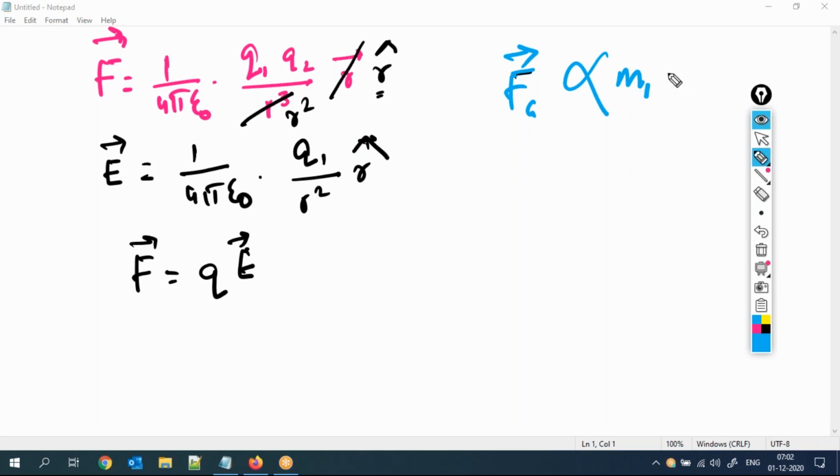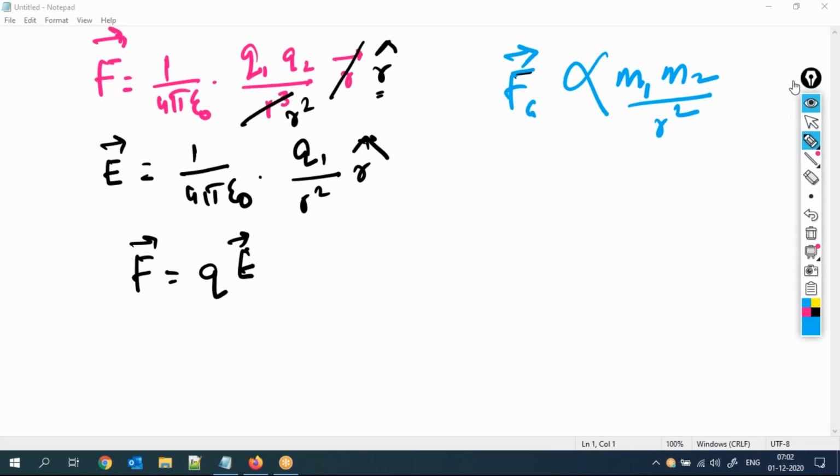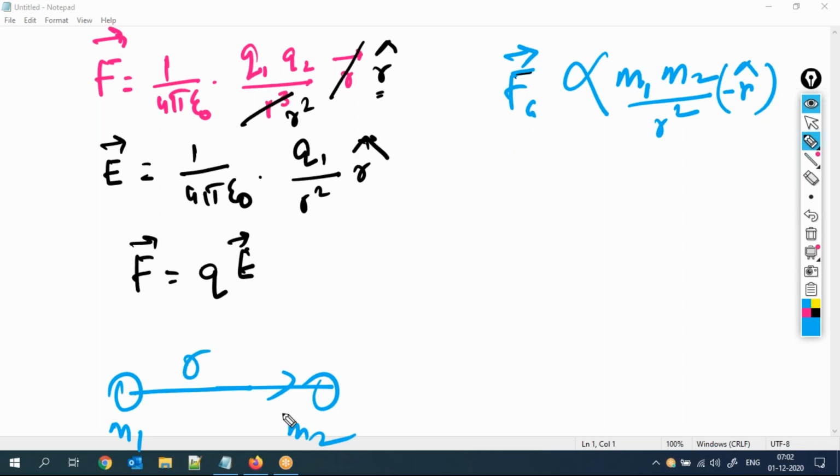Mass 1, mass 2 by R square, right? Yes, sir. And in the direction negative to R. Remember that M1 is here, M2 is here, R is here, and F is here. Are we clear? Yes, sir.